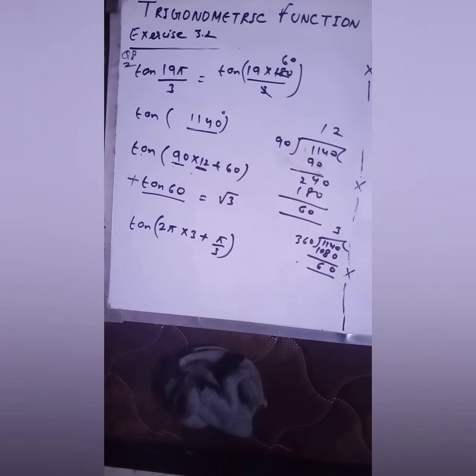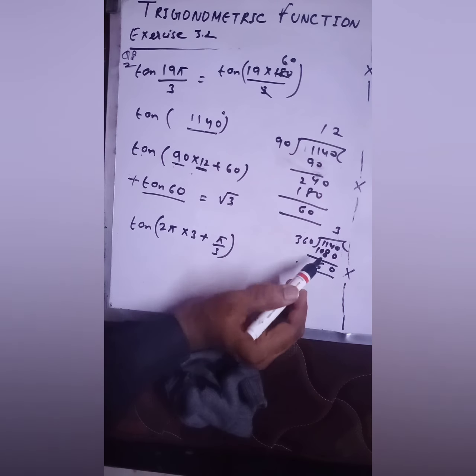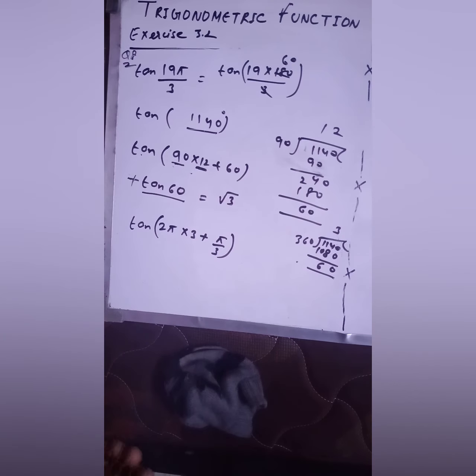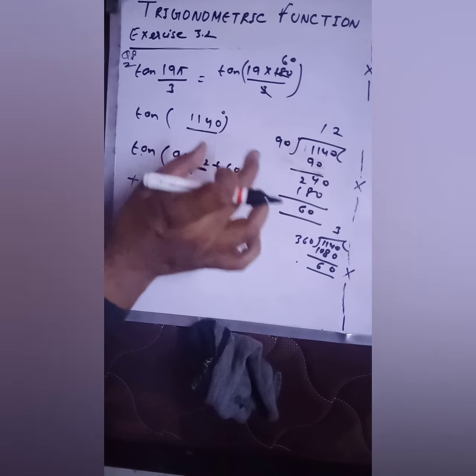Got it? Are you getting my points? So this step no need to show. This is just for your convenience. Here we are using degrees because in degrees we are able to solve the question very comfortably. That's why we are converting this angle into degrees first.